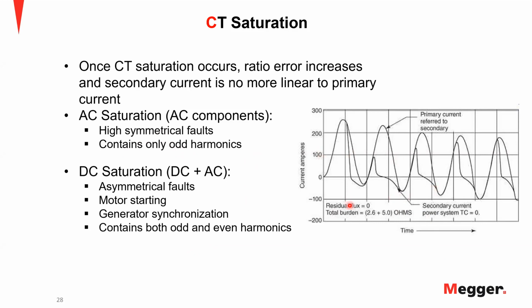If you look closely, we have the waveforms for the primary and secondary both here. And because of the CT saturation, we can clearly see that the secondary waveform is distorted as compared to the primary. And if you consider the RMS value on both sides, the relay is going to see a difference of currents and trip on differential. But again, we don't want it to trip on differential. So let's see how we can solve this problem.